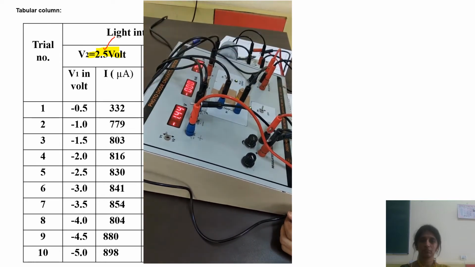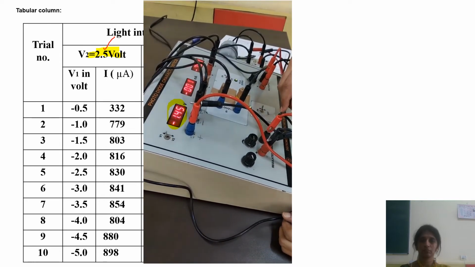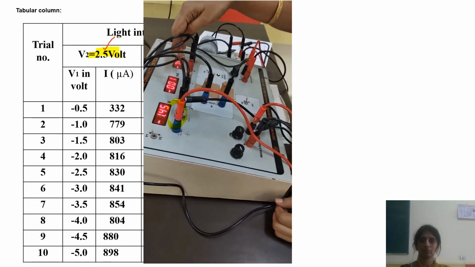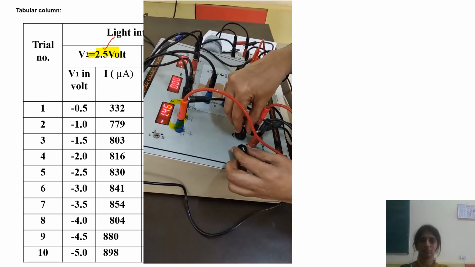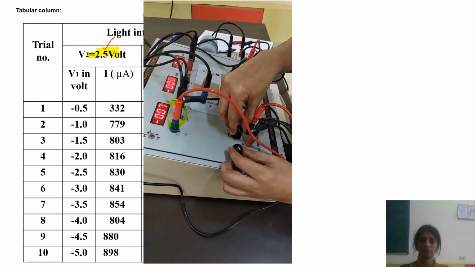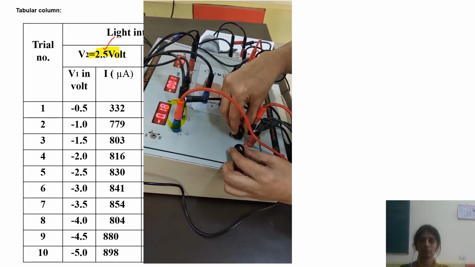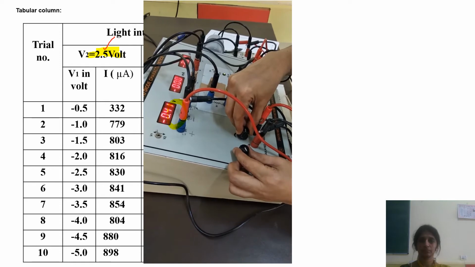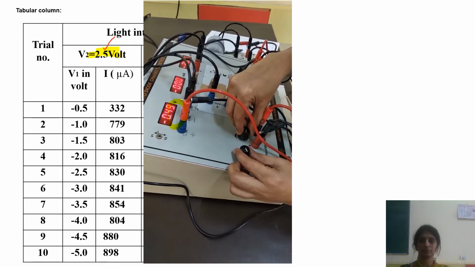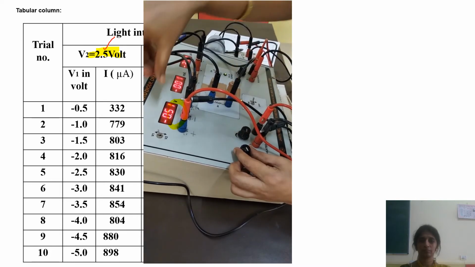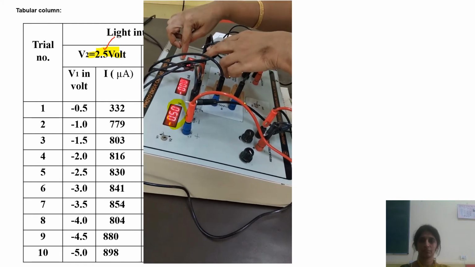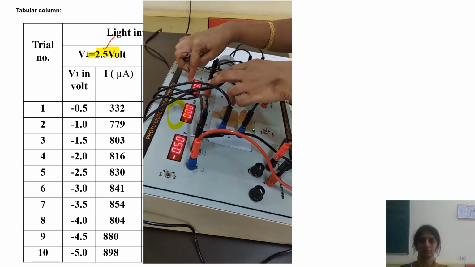Now I am changing the voltage in the circuit by 0.5 divisions. The corresponding current has to be noted. First let us keep it for 0.5. For 0.5, the current value is 332 microampere.